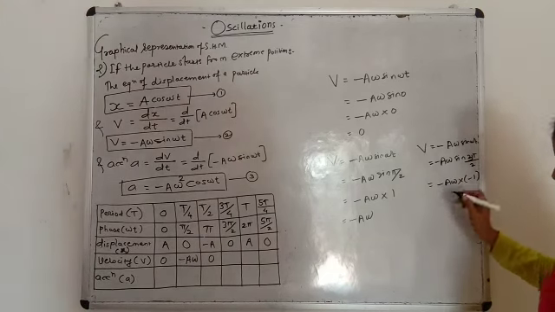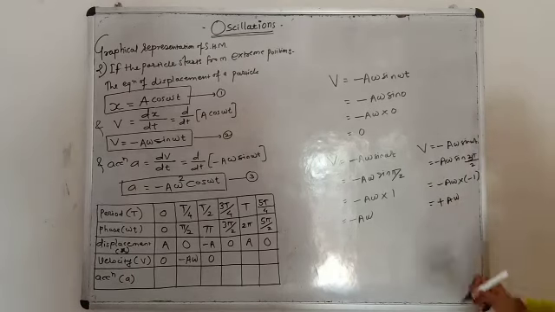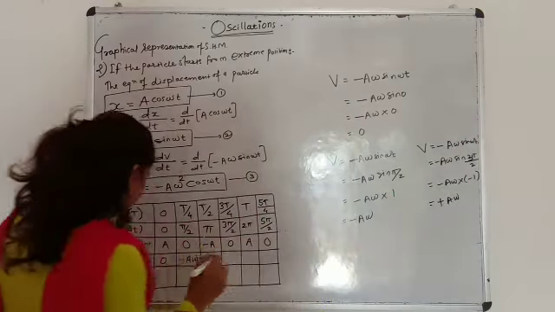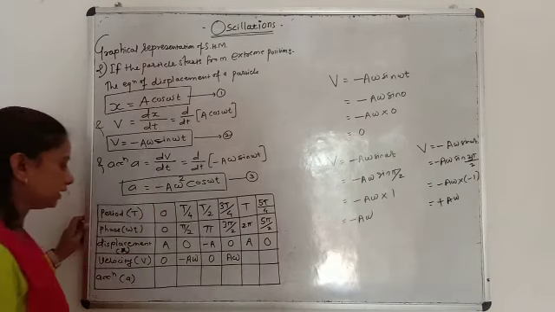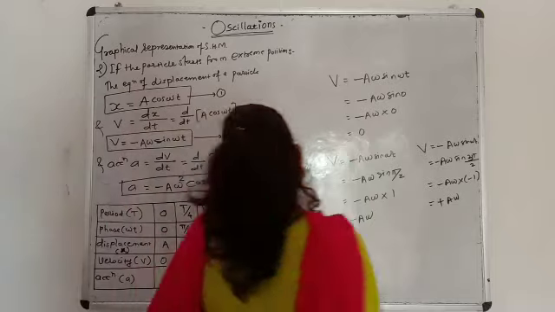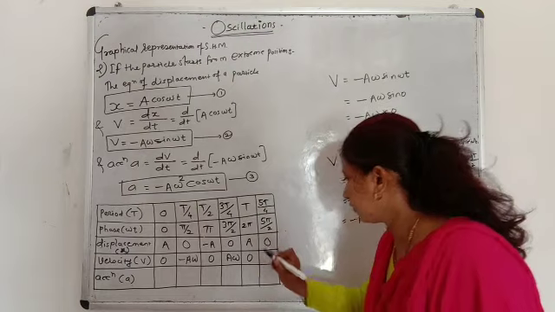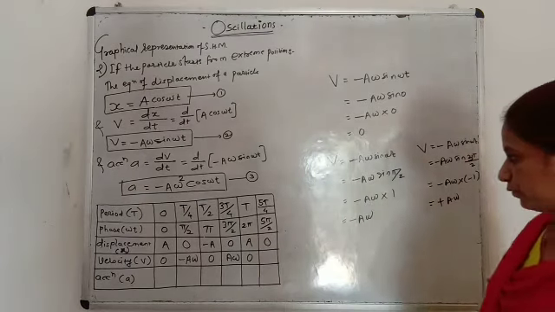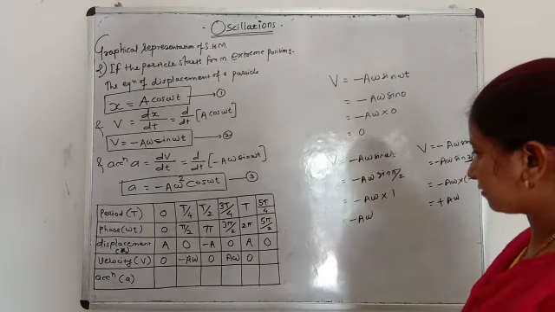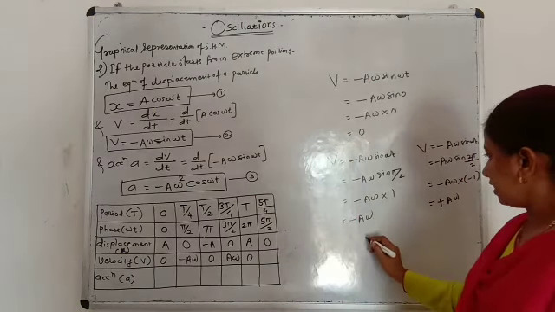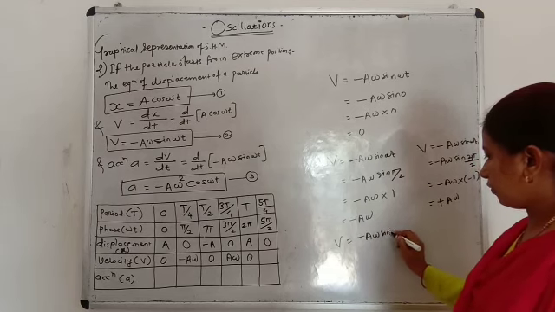So here minus minus becomes plus. So here the value of velocity is plus a omega. This becomes plus a omega. Then here sine 2 pi, sine 2 pi is 0. Then 0 into minus a omega is 0. And sine of 5 pi by 2 becomes 1 here. So here v equals to minus a omega sine omega t.